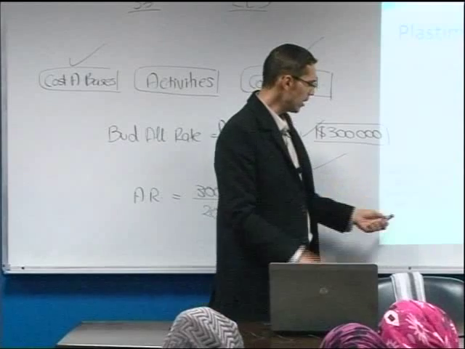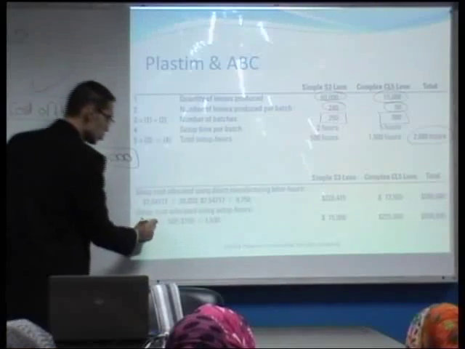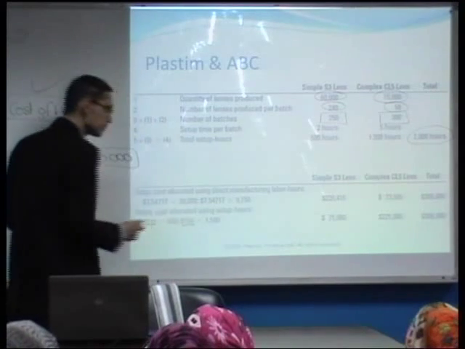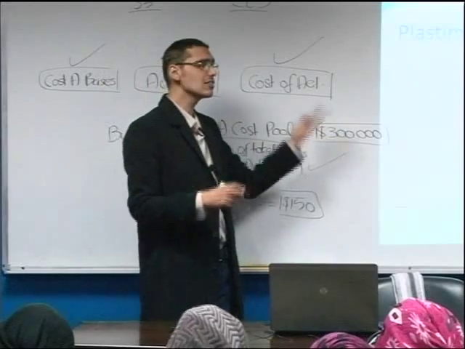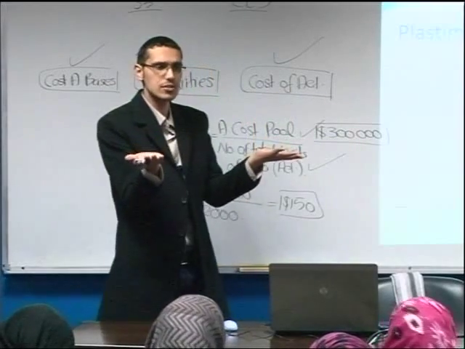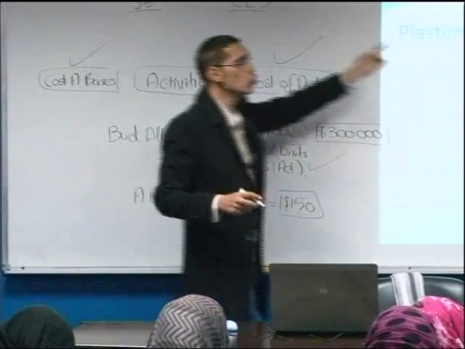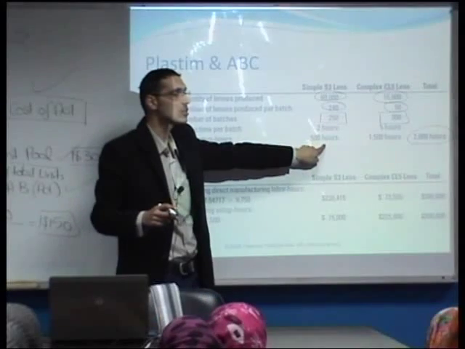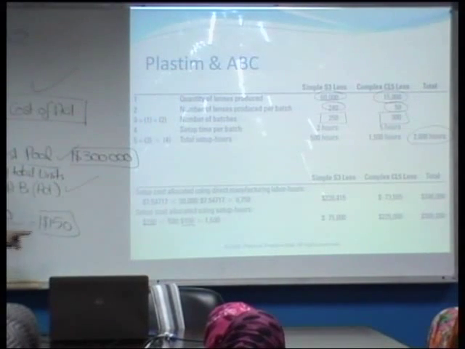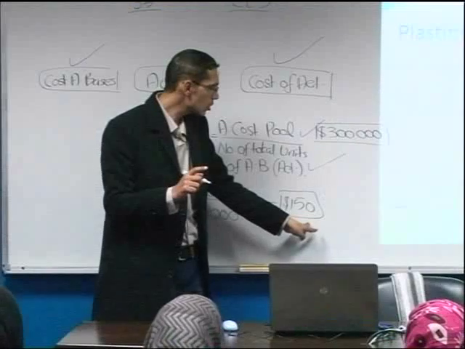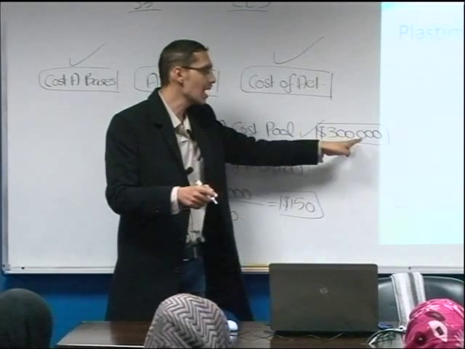As we can see here, it is presented by these two numbers. Therefore, now we need to allocate the 300,000 onto this S3 and the CL5. So the S3 consumes up to how much in setup hours? Only 500. Therefore, each hour would consume $150 from the 300,000.